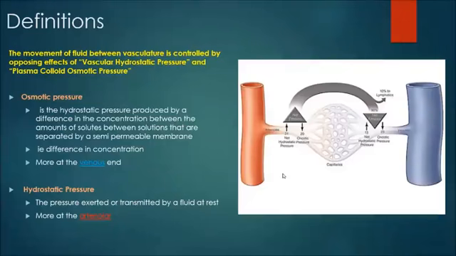It's the pressure produced by a difference in the concentration of solutes between solutions that are separated by a semi-permeable membrane. It's basically a difference in concentration, and this is more found at the venous end. Hydrostatic pressure is the pressure exerted or transmitted by fluid at rest, and this is found more at the arterial end.